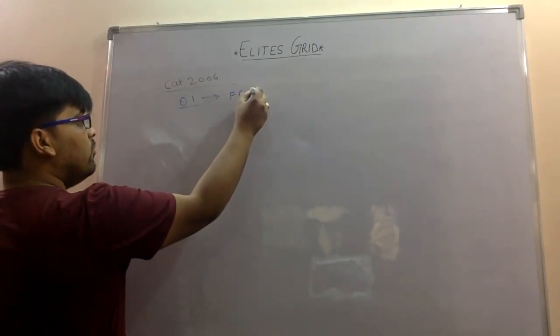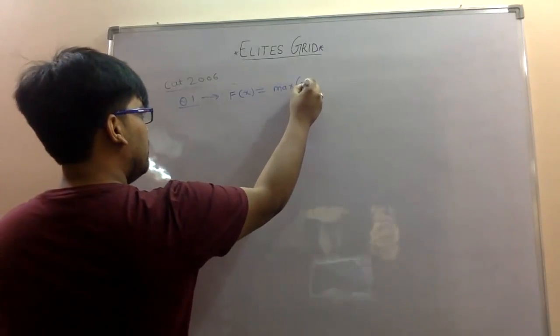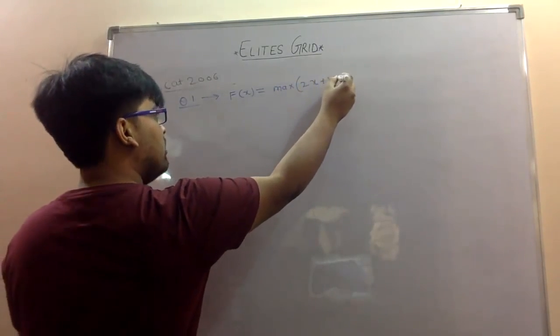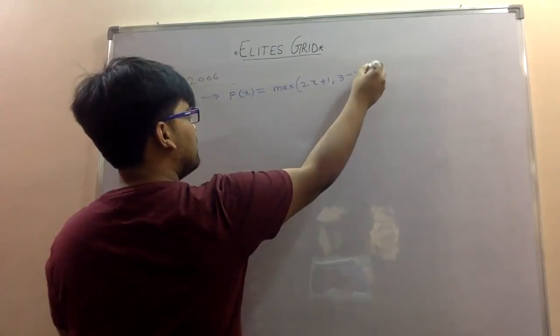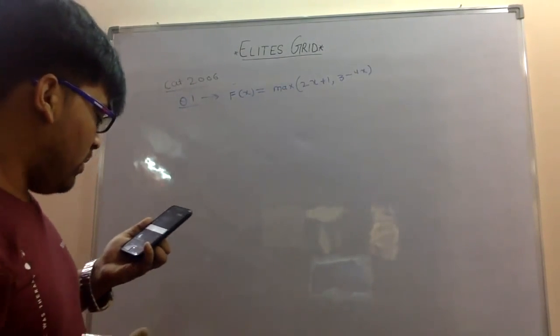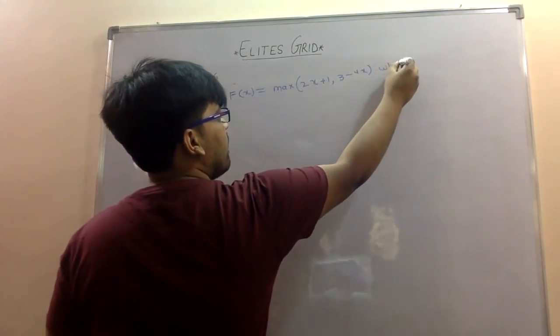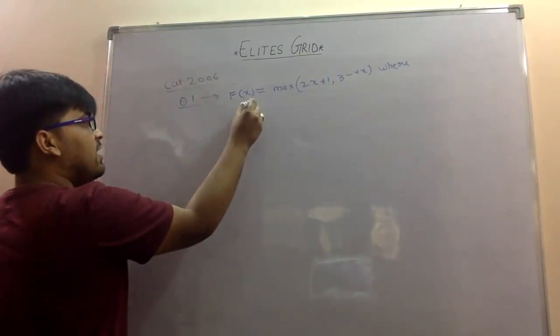f(x) is equal to max(2x + 1, 3 − 4x), where x is a real number.